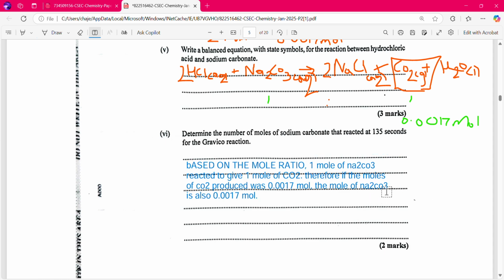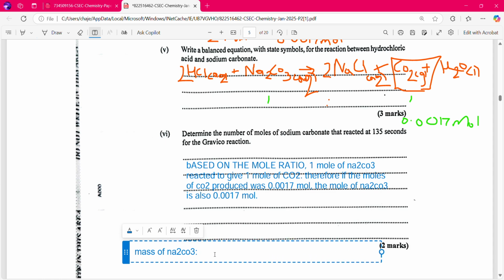Alright. A question that they could also ask you is to determine the mass. Sometimes they don't ask you to determine the moles. They just ask you straight ahead to determine the mass of sodium carbonate. So how would I calculate the mass of the sodium carbonate? Mass equals what?